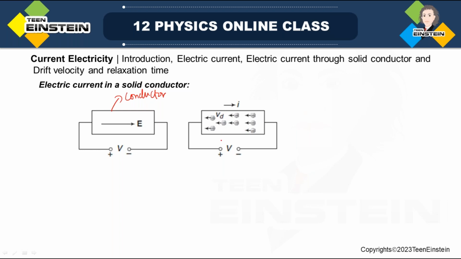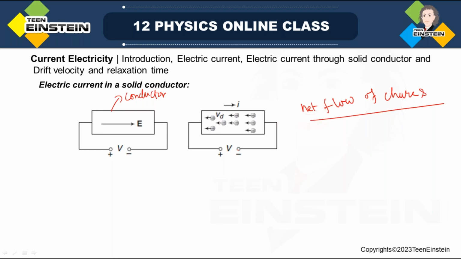So when an electric field is applied across the length of the conductor, only then is a steady net flow established. Net flow of charges will constitute a current.